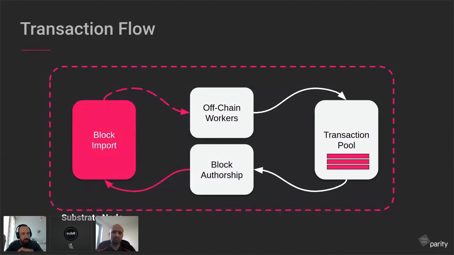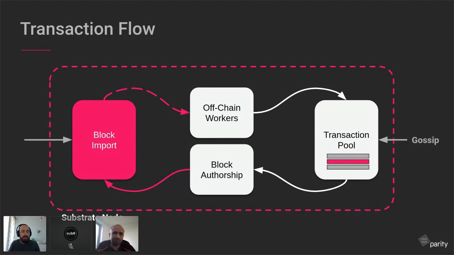These transactions end up in the transaction pool. And periodically, from the transaction pool, there is a block authorship component that will retrieve transactions that are scheduled to be included in a block, and then it creates a block out of them. That block is imported, and the cycle kind of closes, because then we run off-chain workers for the next block.